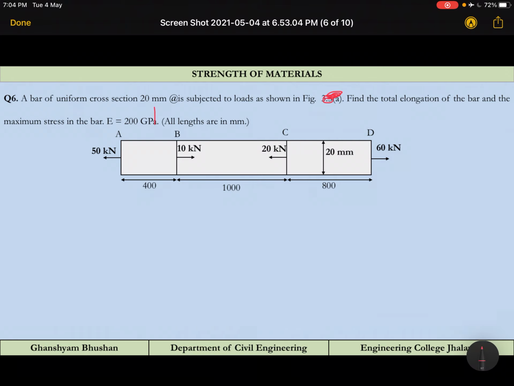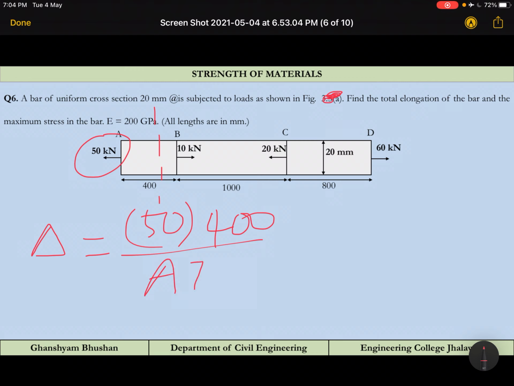Now let us see, if we are having a section here, we have to check the load either leftward or rightward. So for the bar AB, delta left, we are taking leftward force, so this 50 kilonewton is tensile force, so here it will come 50 L, like it is 400 upon A, E is constant, so let us leave it like that, plus now we have to check a section here.